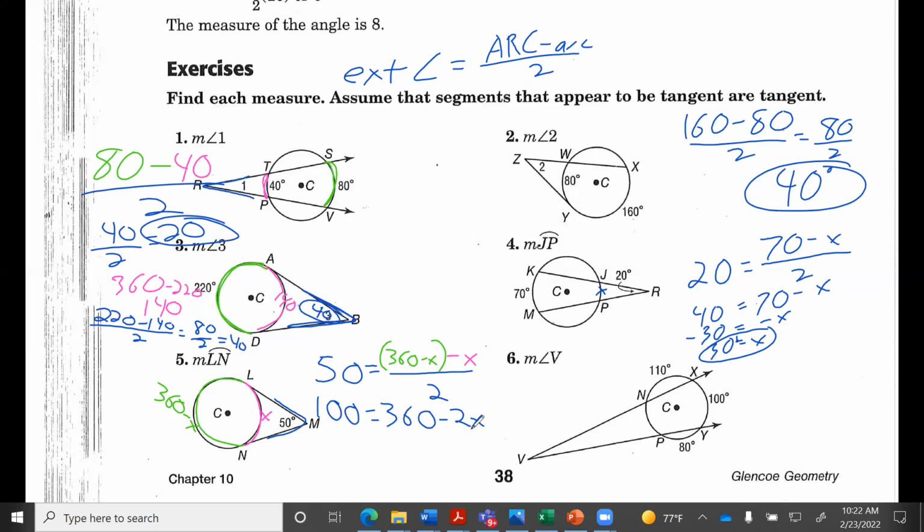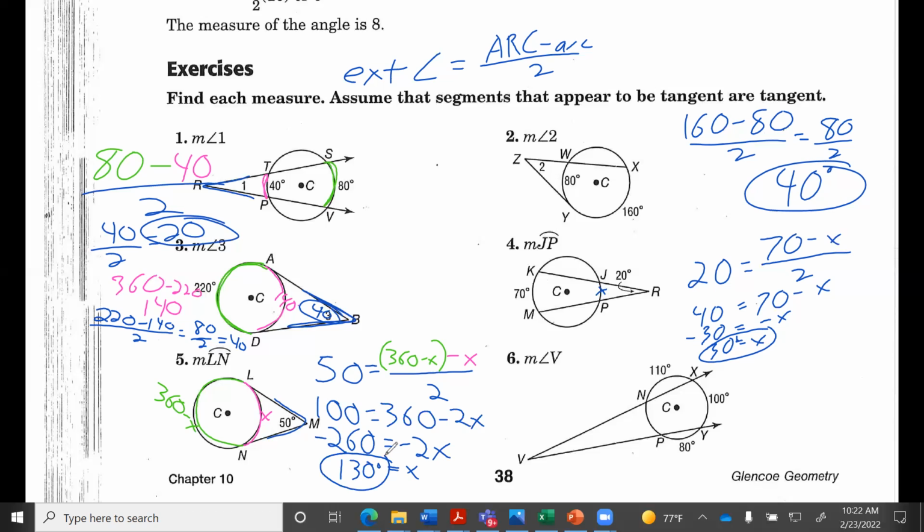Keep solving, bring 360 across. We now have negative 260 equals negative 2x. Last step is to divide off that negative 2, which gives us a positive 130. And that was our answer on this one.